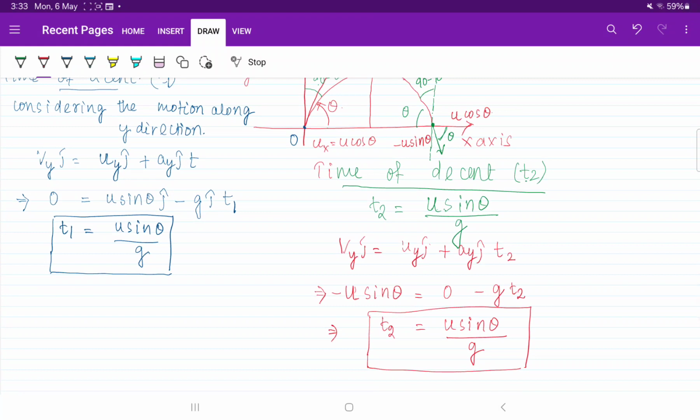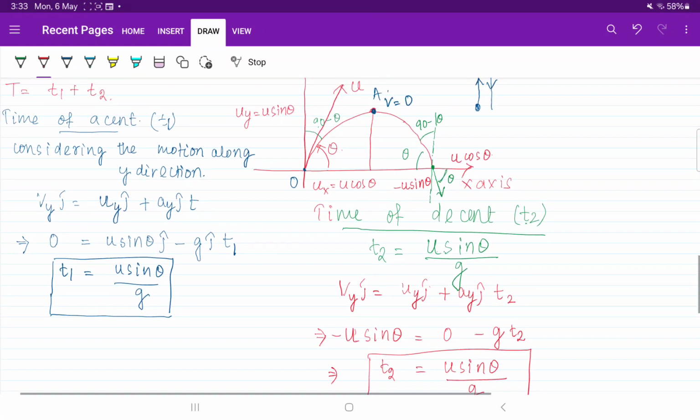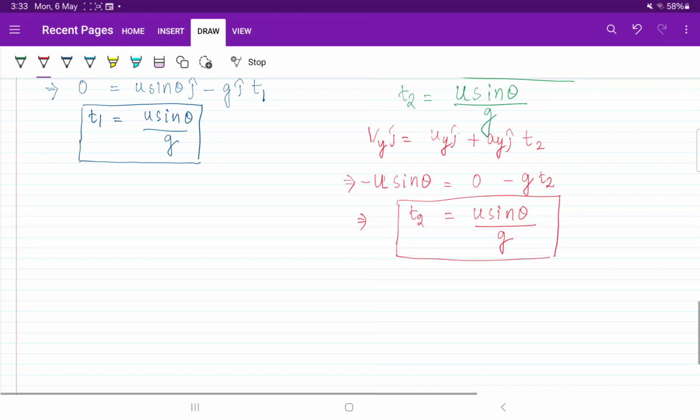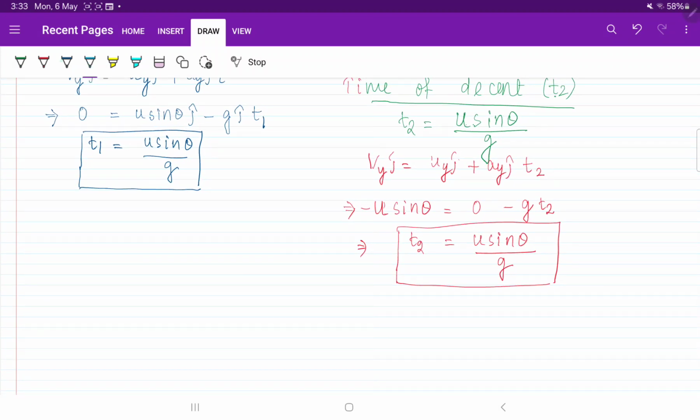Initially the velocity will be 0, and at the point when it hits the ground the velocity will be minus u sin theta. Okay, so total time of flight t can be written as t is equal to t1 plus t2, it will be 2u sin theta by g. Okay, this is the expression of time of flight.